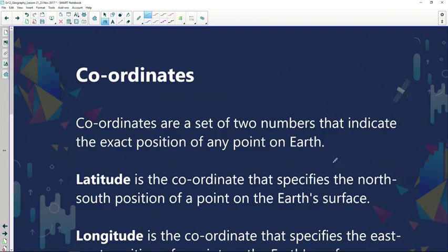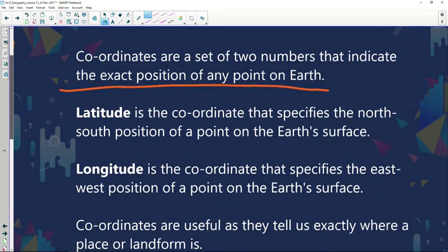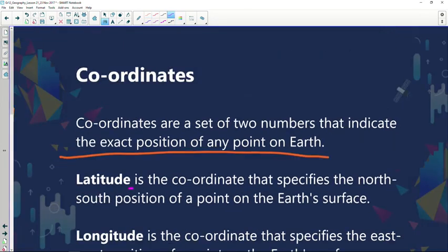Now first of all, coordinates are a set of two numbers that point to the exact position on the Earth's surface. Coordinates consist of lines of latitude.